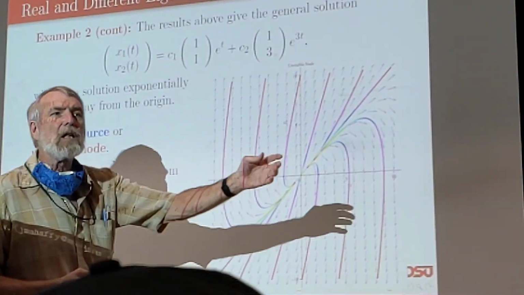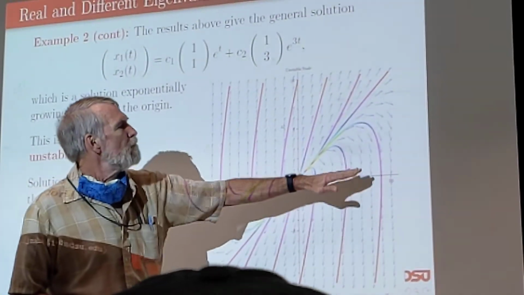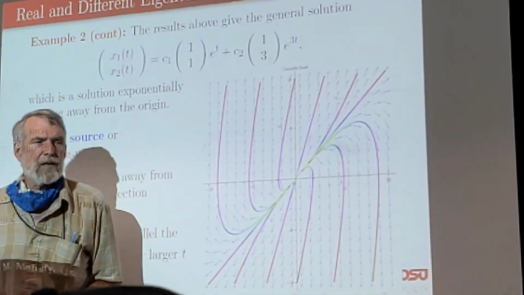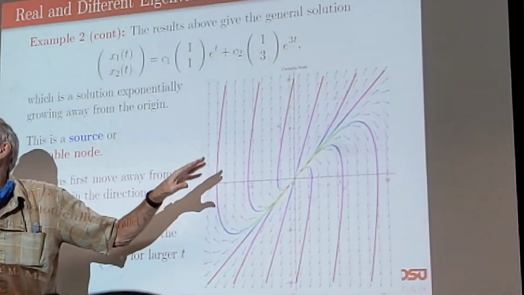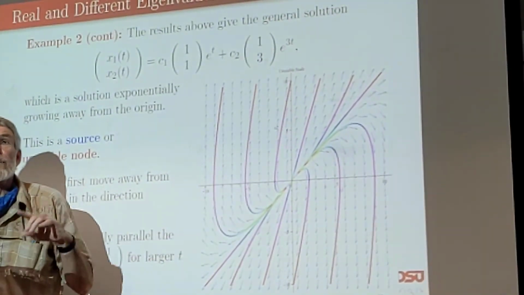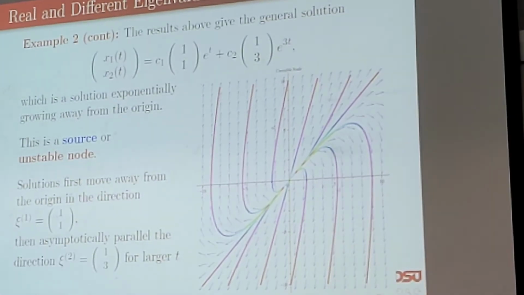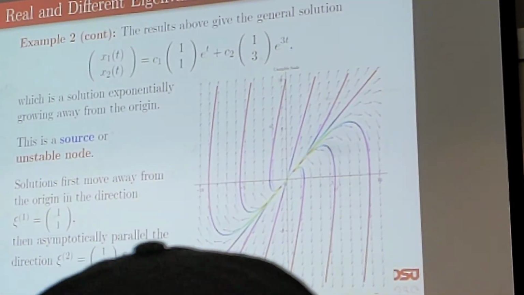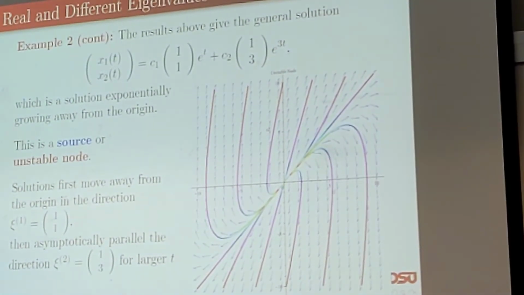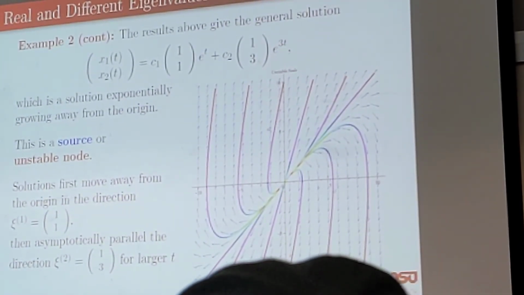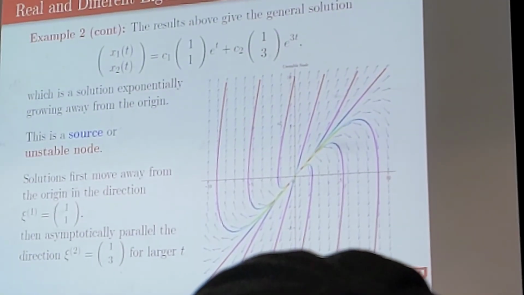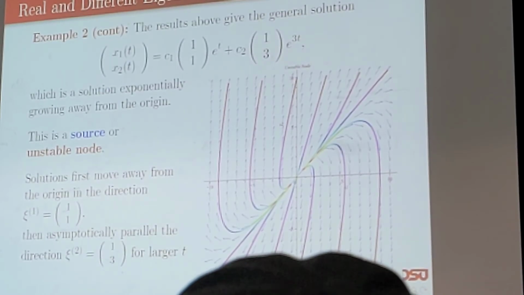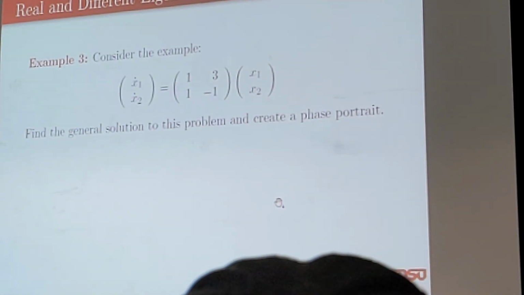The lower one, so that's why you come back along the other eigenvector. These do show forward and backwards in time. The solution does exist from minus infinity to infinity. In particular, as t goes to minus infinity, this goes back to the origin, necessarily, because both of those decay. Okay, let's try another example.